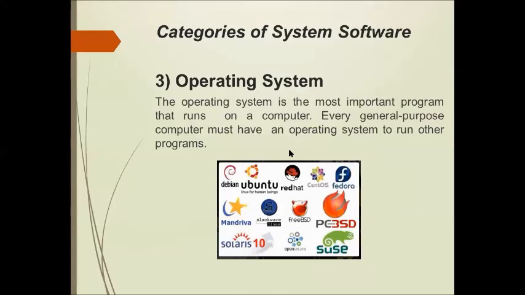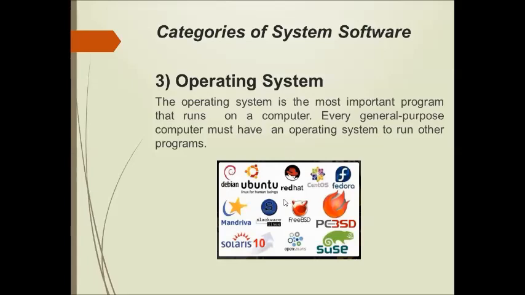Every general purpose computer must have an operating system to run other programs. So pag mag-install ka ng, or pag mag-run ka ng MS Office, kailangan mo ng operating system. So MS Office, that is application software. Yung operating system naman is a system software. So hindi mo mai-install yung Microsoft Office without this operating system.